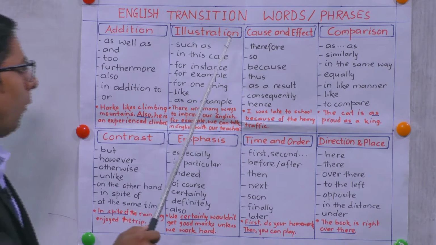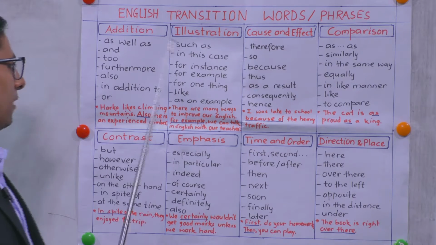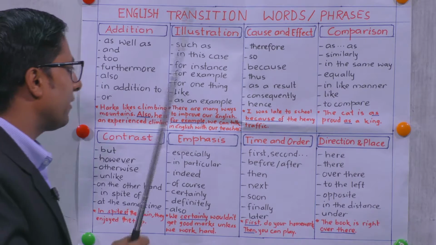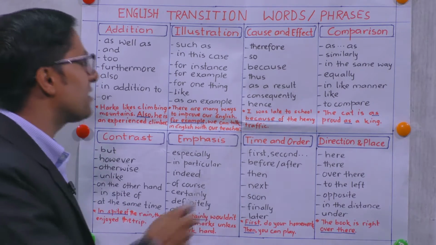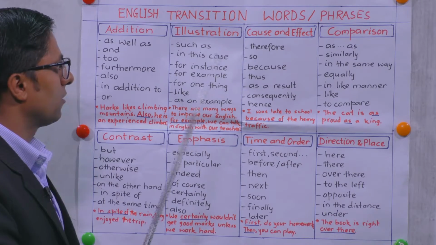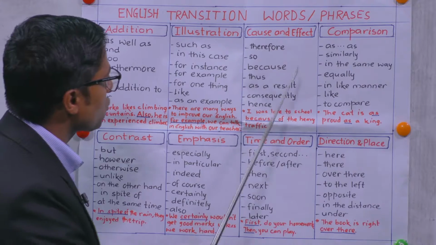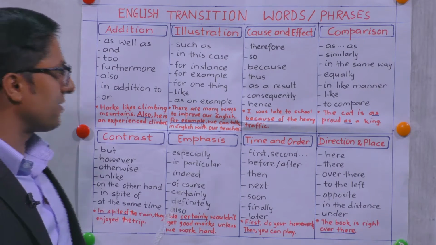These are all used to show the cause of something, for example, why something happened, why someone did something, and what result the action gave. Such things are shown by these transition words or phrases.